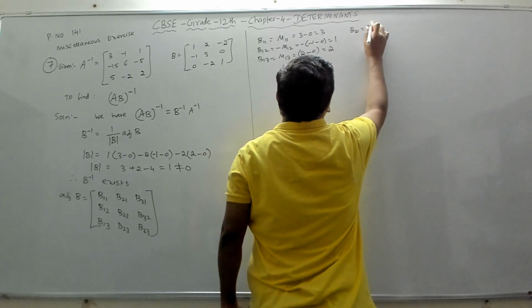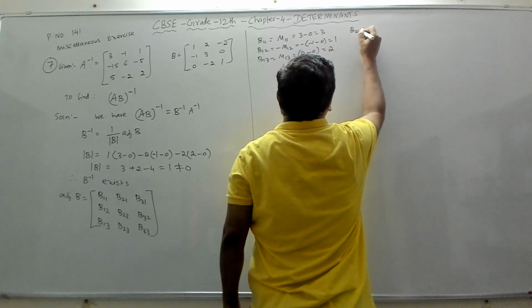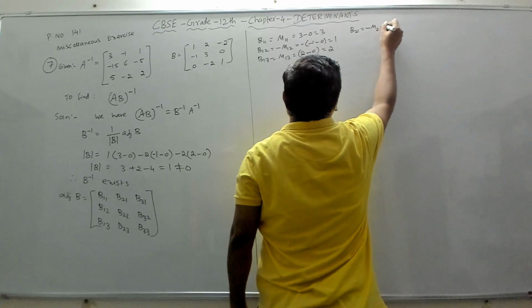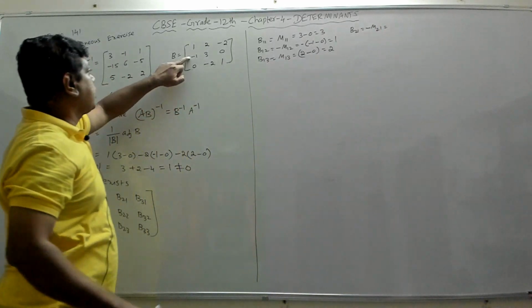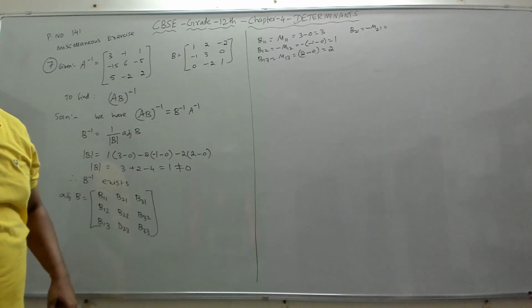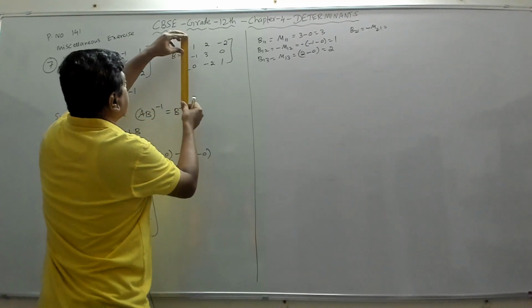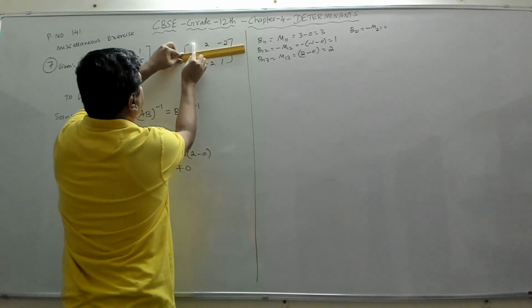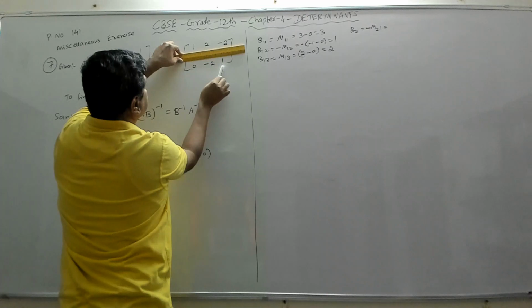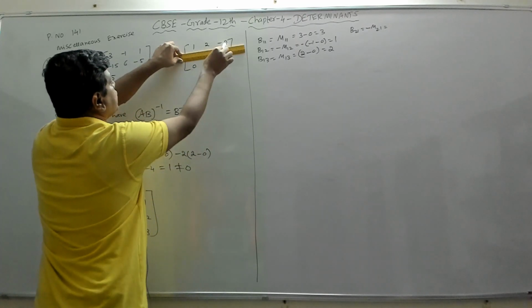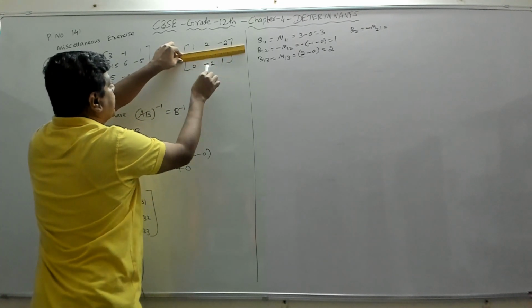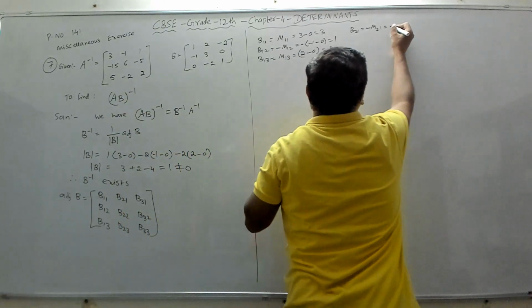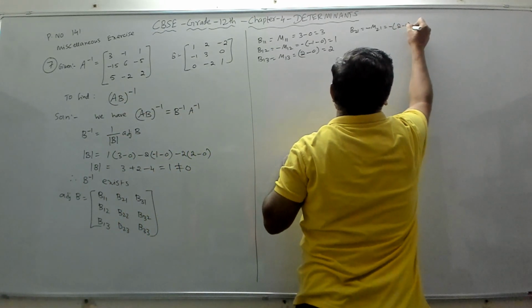That is minus M21 because 2 plus 1 is odd. M21: take this element, and close this row and this column. So 2 into 1 is 2, minus 2 into minus 2 is plus 4. So 2 minus 4, and minus of 2 minus 4 is 2.